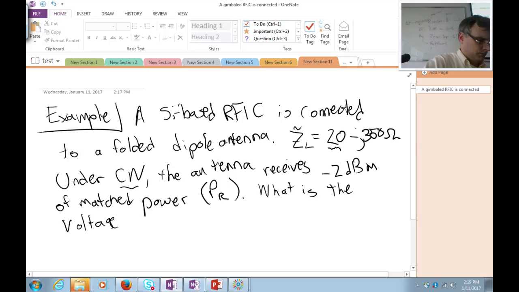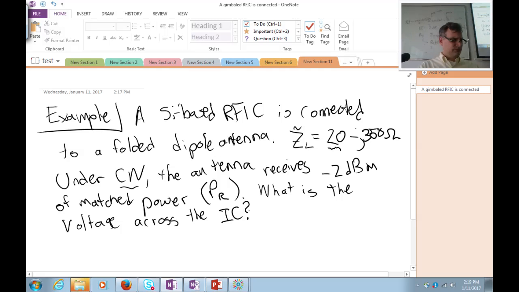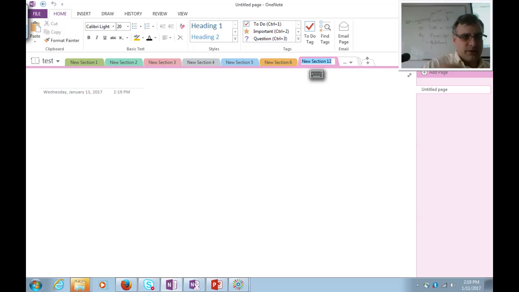What is the voltage across the IC? Let's start with that question. This is an important question.